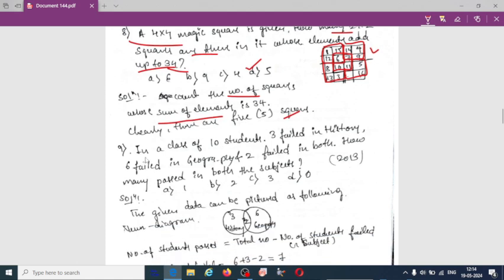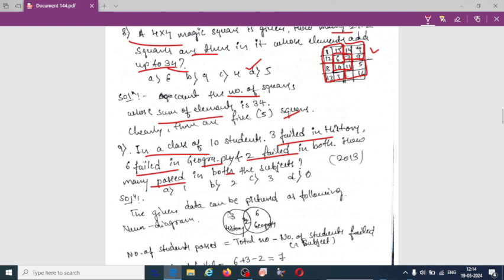Next question, in a class of 10 students, 3 failed in history, 6 failed in geography, 2 failed in both. How many passed in both the subjects? So first you need to draw the diagram here.